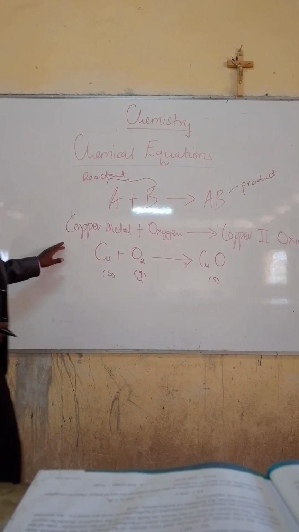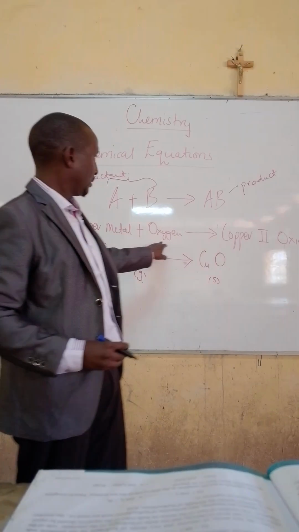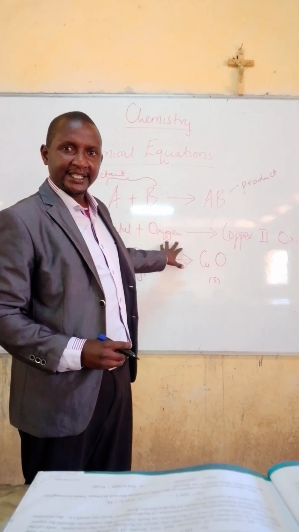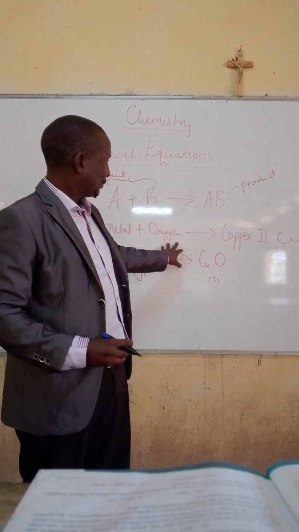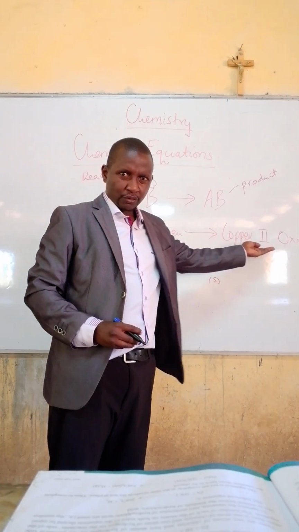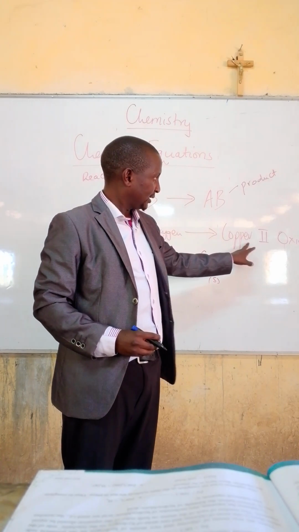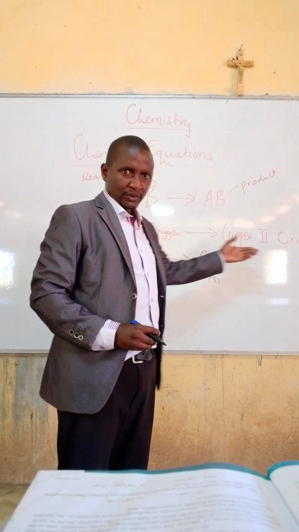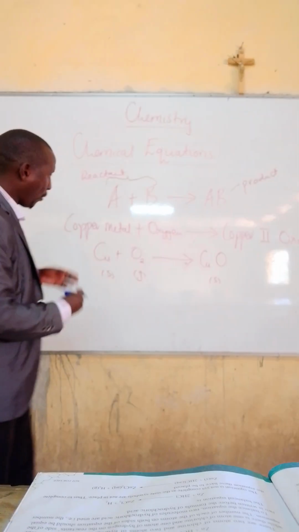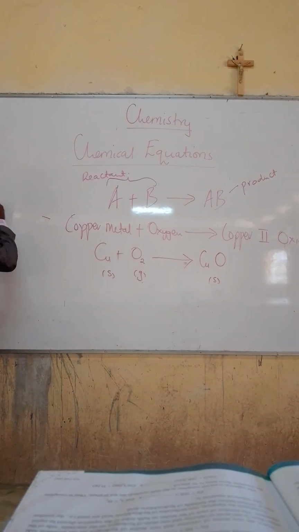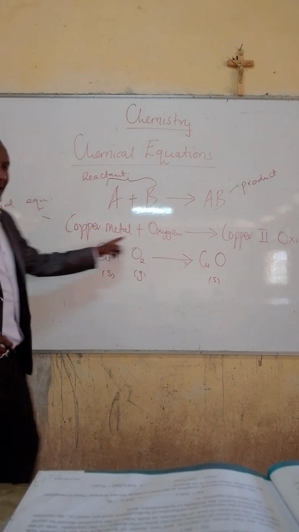For instance, you can have copper metal reacting with oxygen to produce the product copper 2 oxide. Remember, copper has more than one valency, so it is written copper 2 oxide. So this is a word equation.